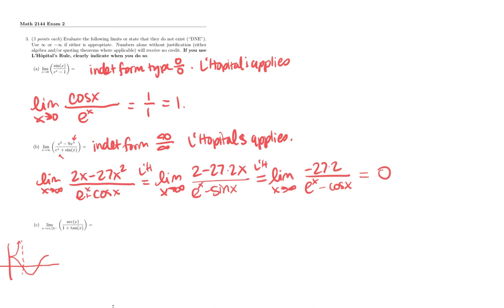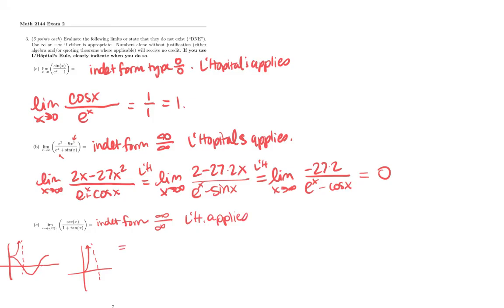And then I have 1 plus tangent of x, and so tangent of pi over 2 also is going off to infinity. So this is an indeterminate form of type infinity over infinity, so I can apply L'Hopital's.